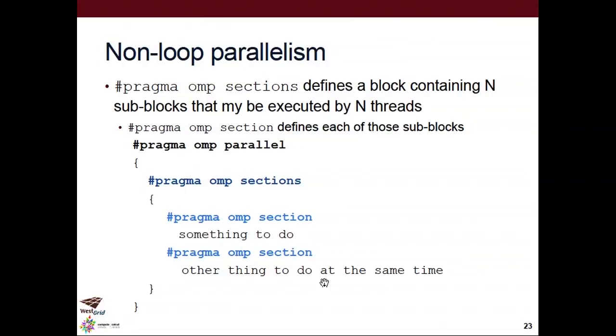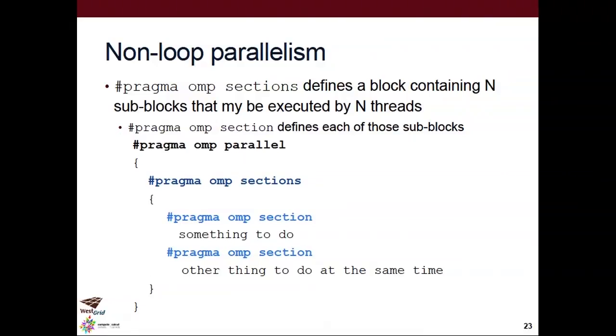The other thing that I'm going to talk about today is non-loop parallelism. Most of the time you have loops in your code and you want to make it parallel, so you want to make use of all the cores available to finish your job faster.